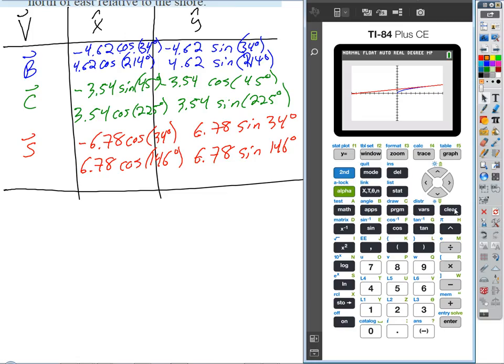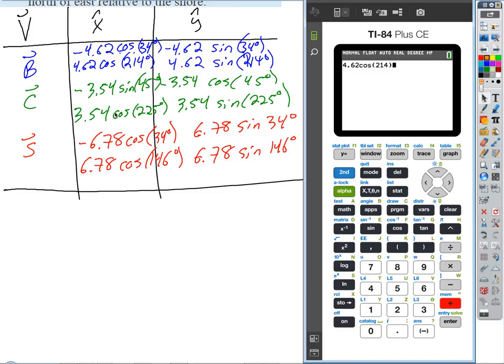Okay, so what are we going to get here? I'm going to use the whole angle, so I've got 4.62 cosine 214, plus, notice they're all cosines and they're all positive.